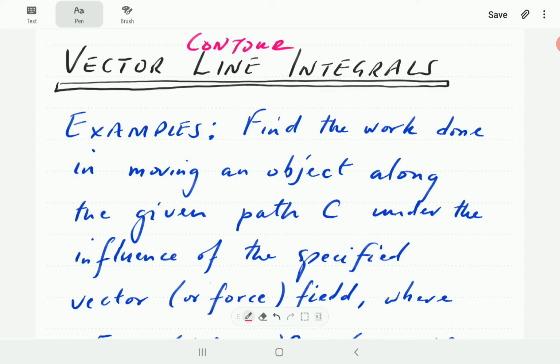There is a corresponding topic in the calculus of complex numbers. So there you also find yourself having to work with line or contour integrals.